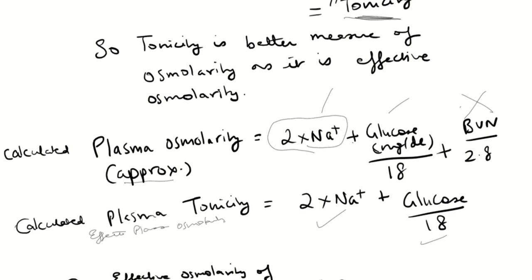When we are looking to measure our osmolarity, you guys with me on this? We want to see what our sodium, glucose, and blood urea nitrogen are doing. That's our osmolarity. When we want to give somebody an intravenous solution, we want to know what the effective osmolarity of that solution is.